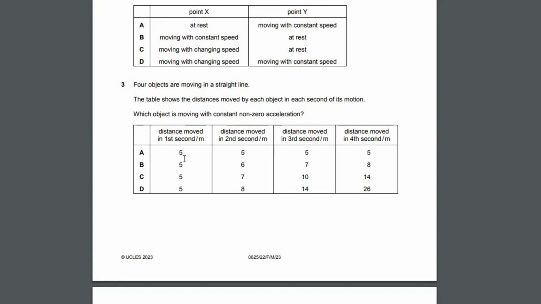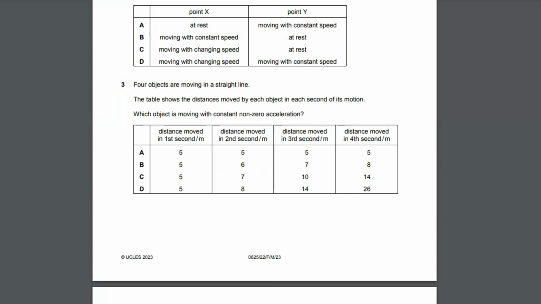Next option, it used to be 5 meters per second. Then it started to move at 6 meters. So it increased by 1. So this is plus 1 acceleration. This is also plus 1 because then it moved from 6 to 7. So it is incrementing by positive values of 1.